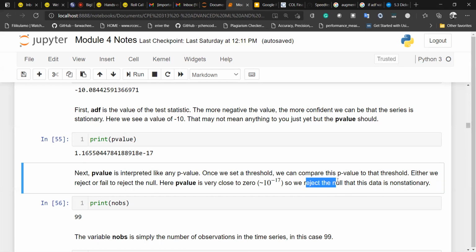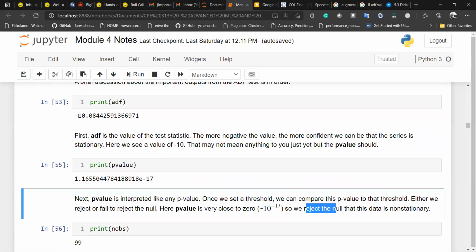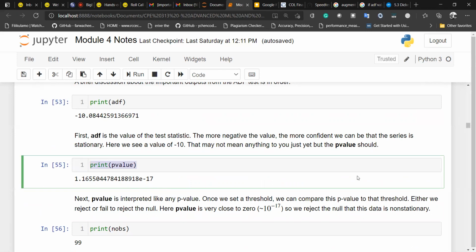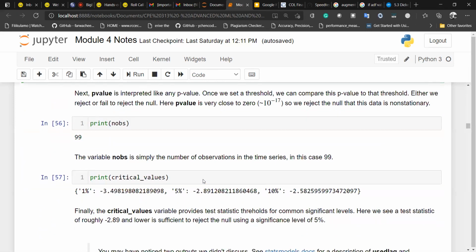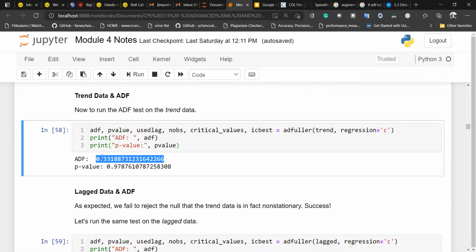So when we reject the null, that means the data is non-stationary, and that happens when the value is very close to zero. We're not talking about the ADF there, no? In the ADF, mostly the answer will be negative. Once it's negative, the next thing we look at is the p-value. Now, going back to the question, when the ADF value is zero, does that happen? For this one, you can't say it's zero because it has a value, and it's large.